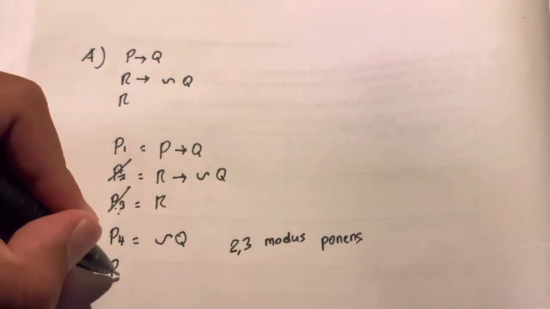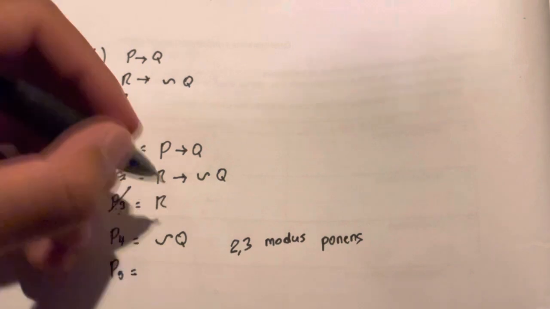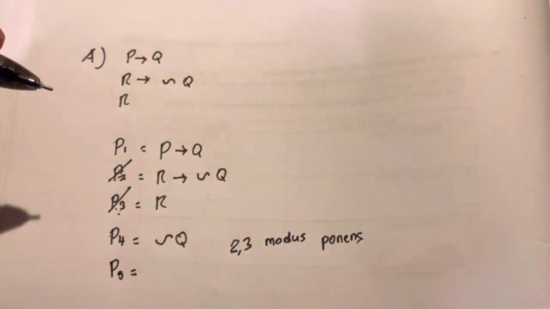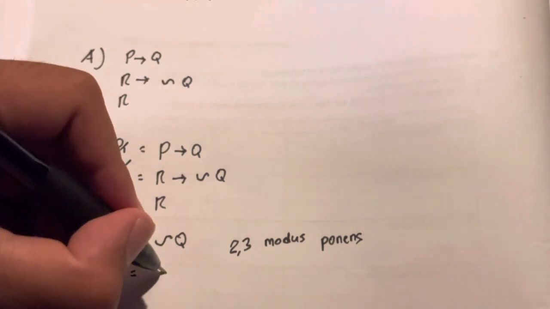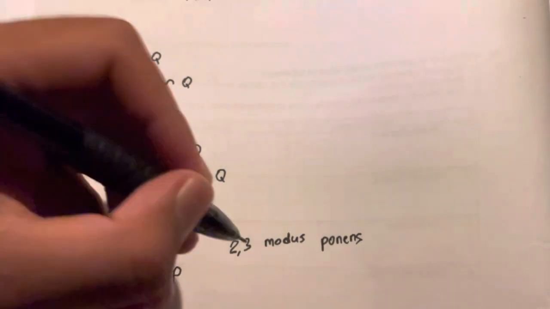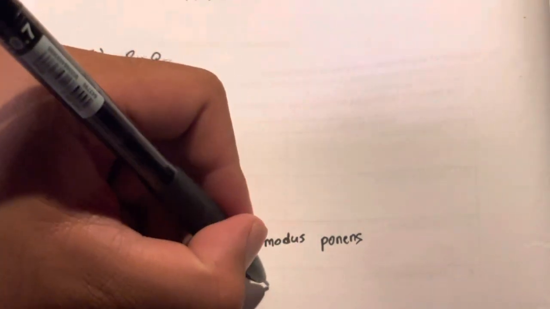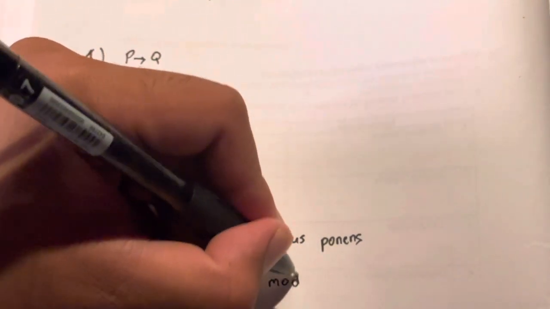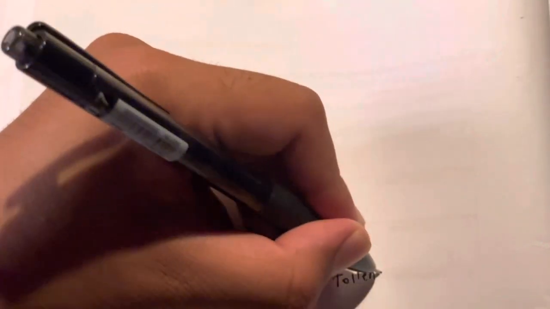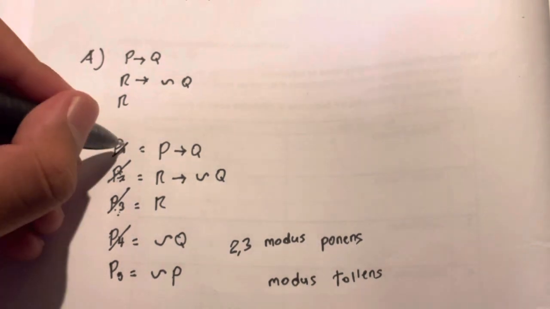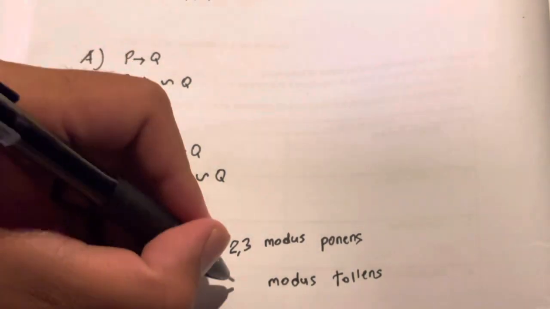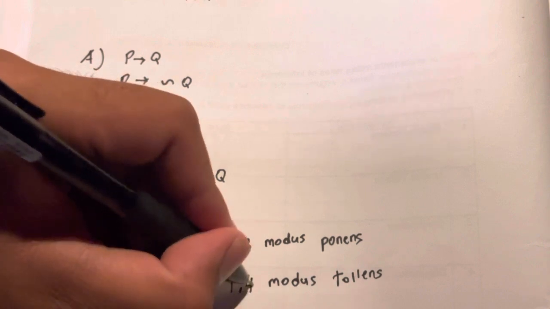We name it P5. Basically, with modus tollens, we cut it left with negative P, and as usual we name the law, modus tollens, and put the numbers of the rows, which are P1 and P4, so 1 and 4.